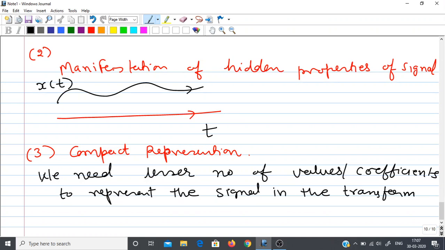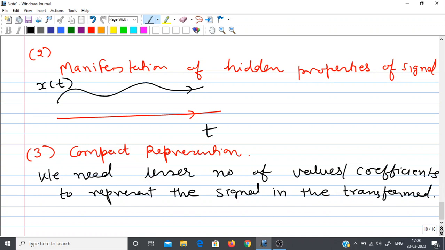I give you an example, the wavelet transform. It gives the compact representation, and because of the compact representation, there is a process called compression. We can achieve some compression when we transform a signal into some other domain. So the wavelet transform is a good example, and it is very much suitable for the compact representation of images.